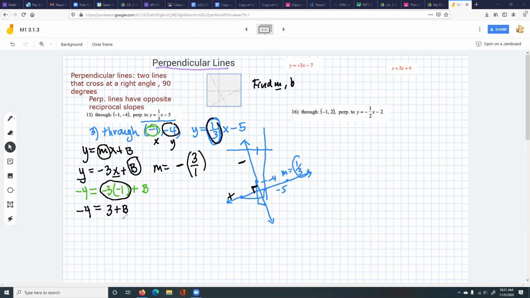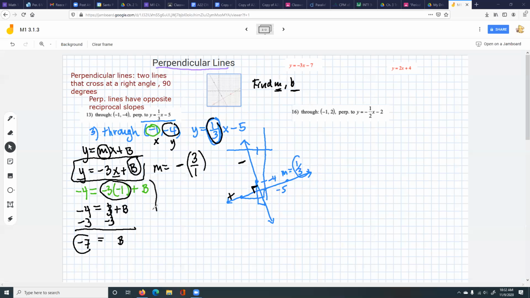Last step to solve for b, bring the 3 to the other side, -3. Right, this is +3, so I want a -3. So b equals -7. So we found the b value. We found m and now we found b, right? So I just need to plug this -7 back into my equation, and that is the equation of this perpendicular line that's perpendicular to that one.